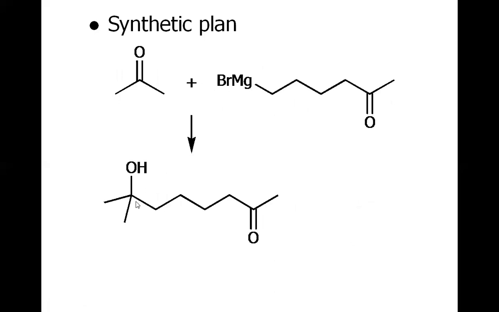Yes, you will get this compound, because this carbon will become nucleophilic, as it has been connected with the magnesium. This nucleophilic carbon will attack this carbonyl carbon, and after the workup you will have this tertiary alcohol and you will get the desired product.